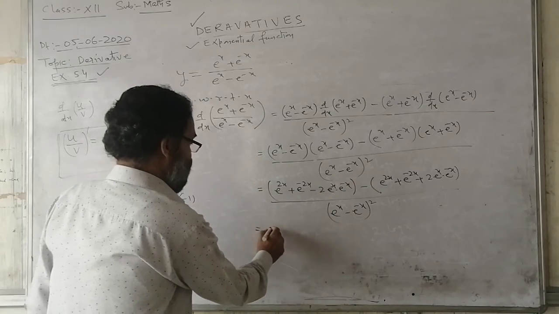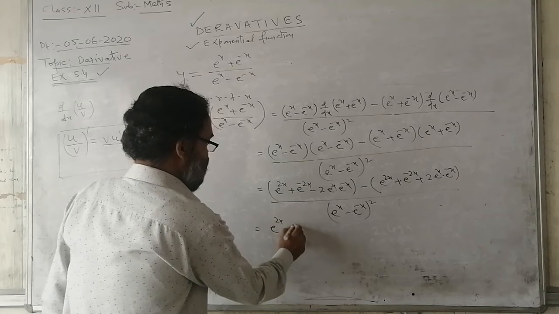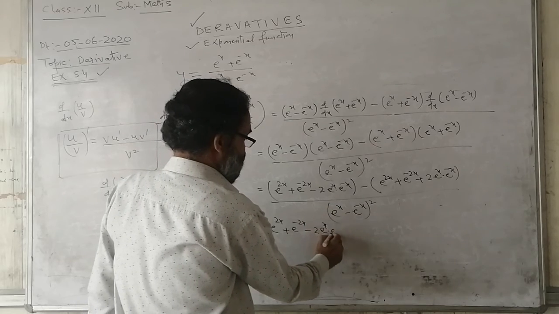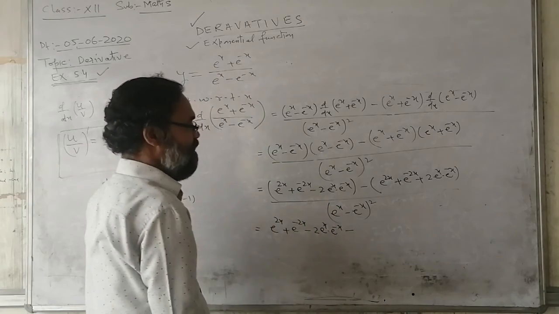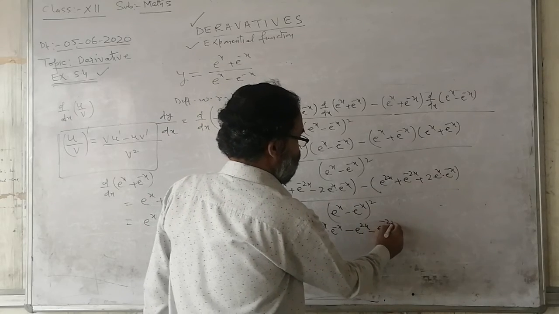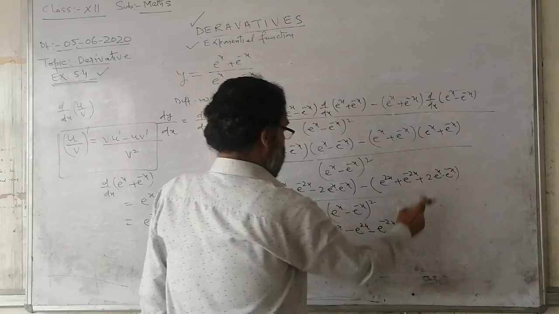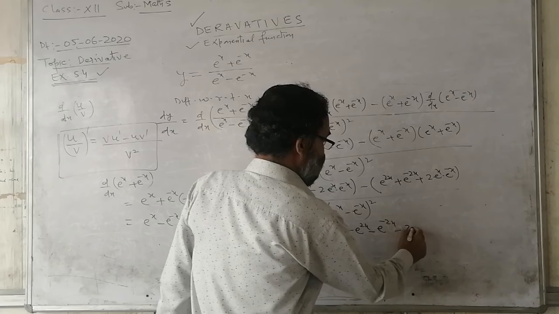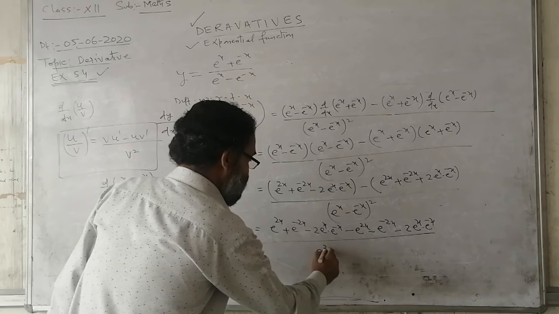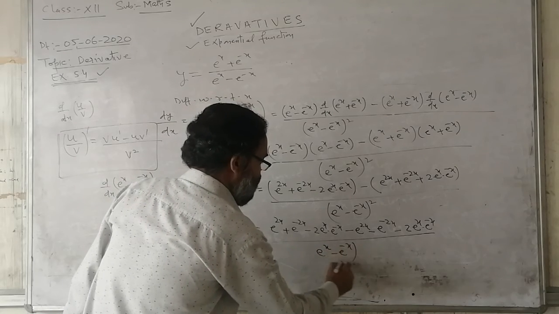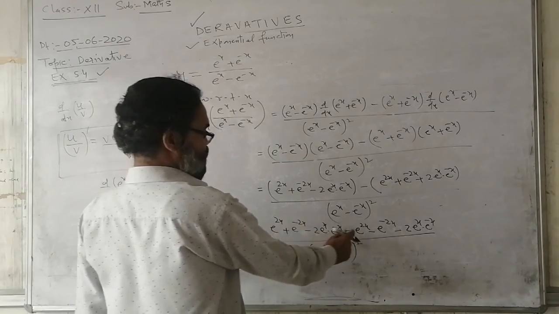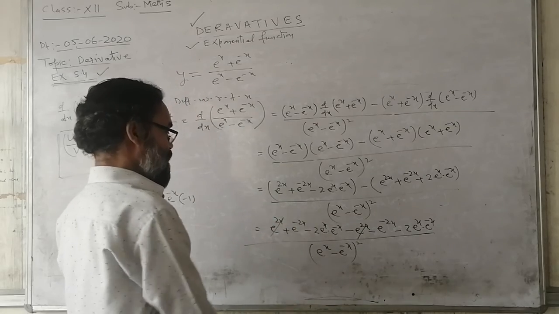So this will equal e^2x + e^-2x + 2e^x e^-x minus (e^2x + e^-2x - 2 e^x e^-x), upon (e^x + e^-x) whole square. So e^2x positive and negative, they will cancel each other.